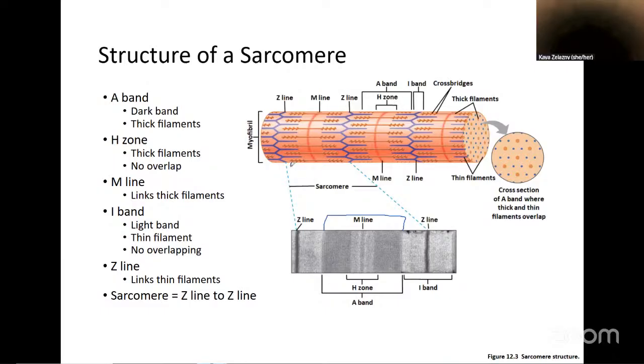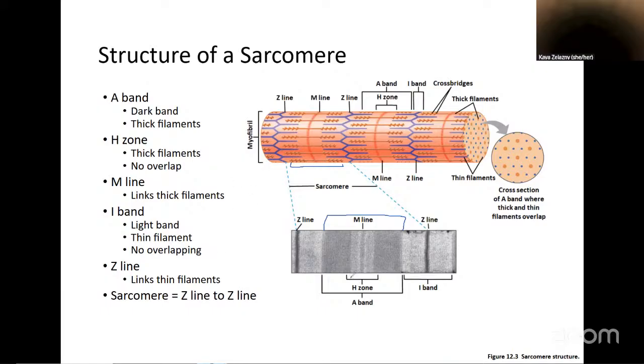What we're doing is showing you the full extent of our myosin, of that thick filament. So everywhere you have myosin, it's going to be within that A band. The length of the A band would be the length of your thick filament. If you measured it, you'd get the same number. That's our A band.